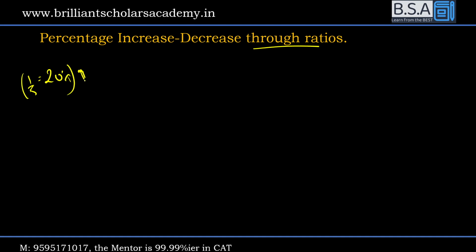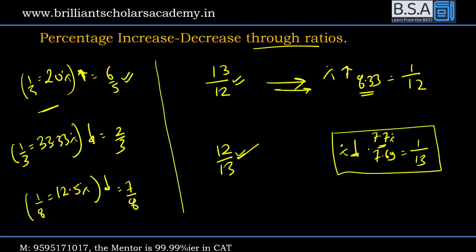A ratio is given to you, 12 by 13, that leads to 1 by 13 decrease, which is 7.69, or 7.7 is also fine. So we have seen how increase decrease works through 100 base, through change of base. Try this.